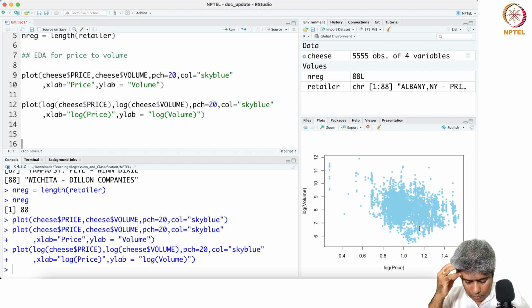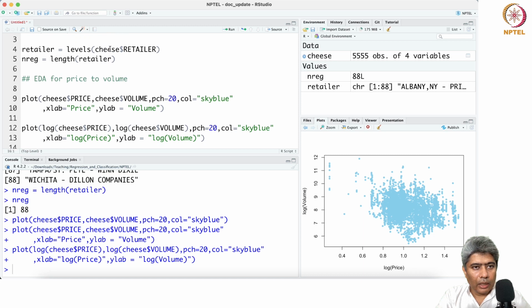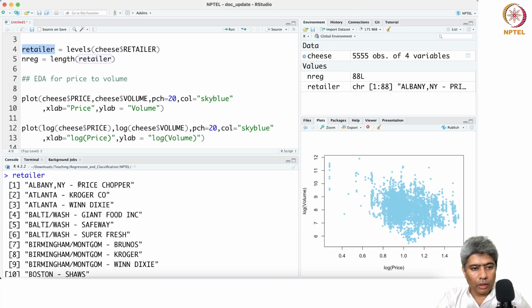So next, if you look at the retailer, take Albany Price Chopper.